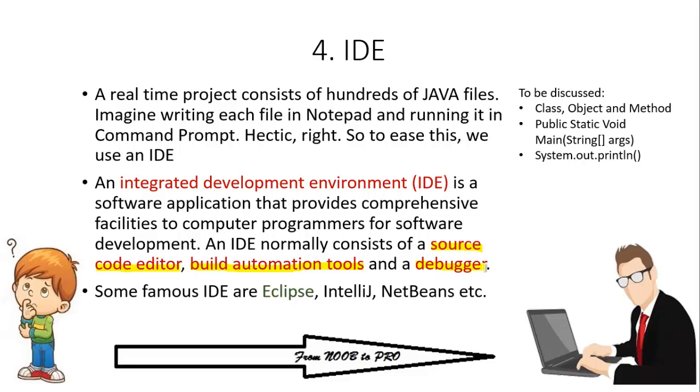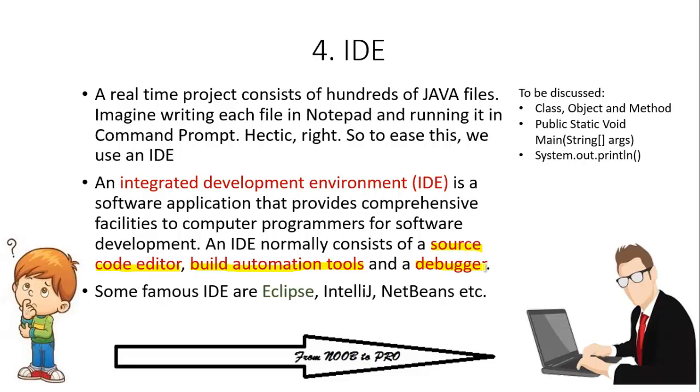Okay, so if you don't know what debugging is, just understand that in a code, if some error exists, in terms of programming language, that error is called a bug, and the process of rectifying the bug is called debugging. So an IDE also helps us identify the bug and helps in debugging.